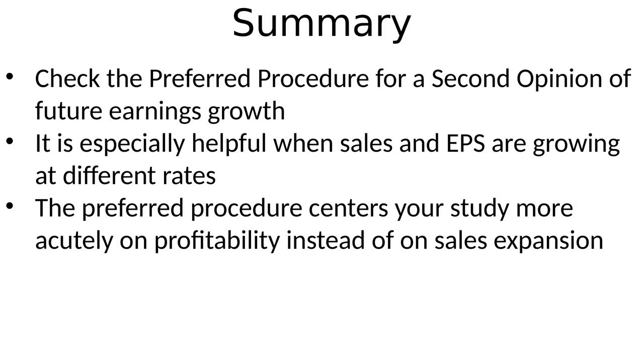The preferred procedure centers your study more acutely on profitability instead of on sales expansion. That's not accurately, it's acutely what it does. Let's see if I have anything else to tell you here. Review the underlying data and validate if it doesn't pass the sanity test. You can just double check the tax rates by comparing the annual report and the Value Line.